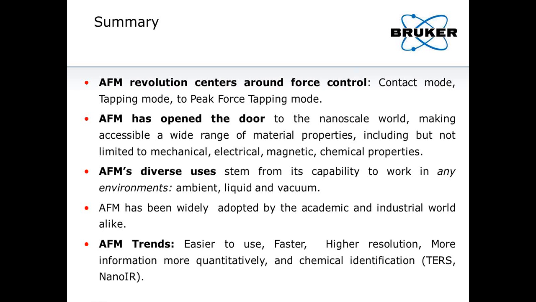For that, you can use Scan Assist Air Fluid Sharp, and there are other probe options. I think the one recently released is FastScan DX. So there are different options there as well.